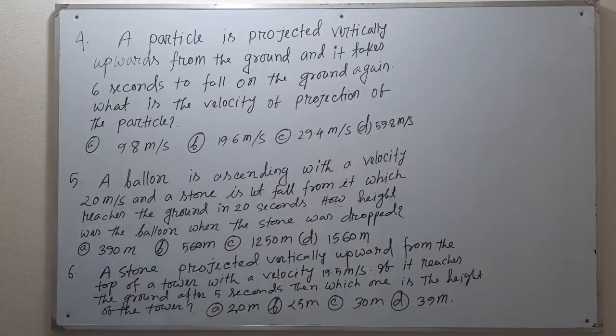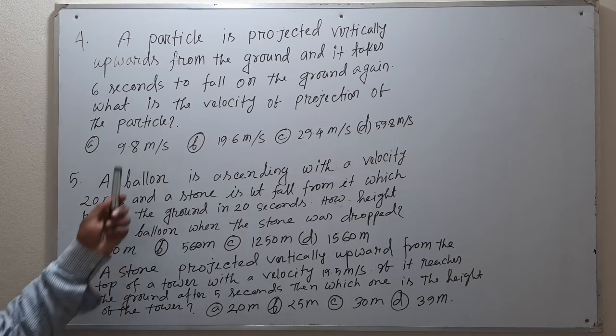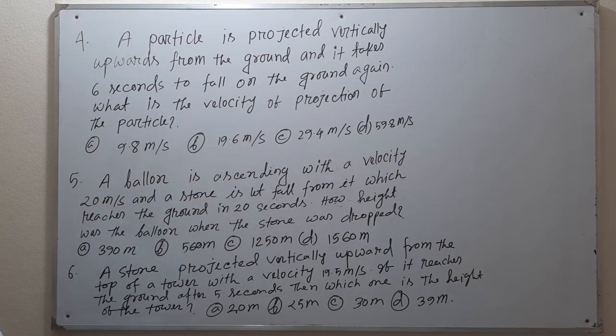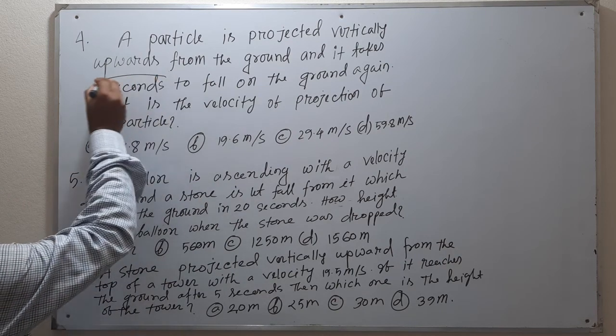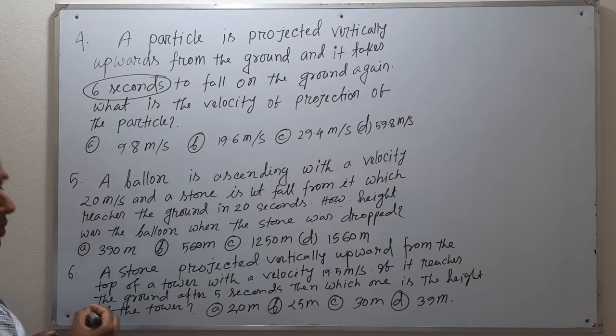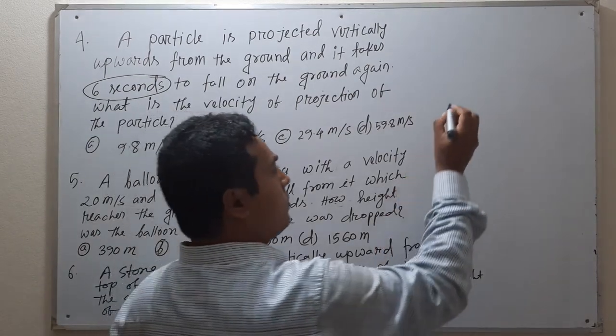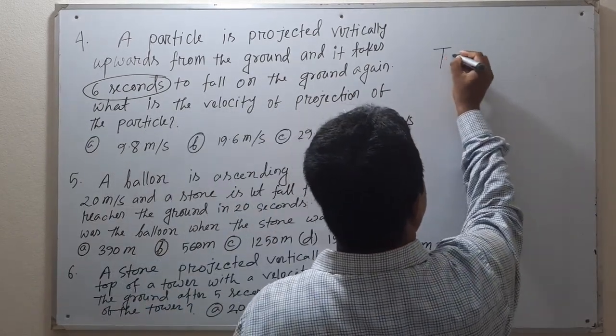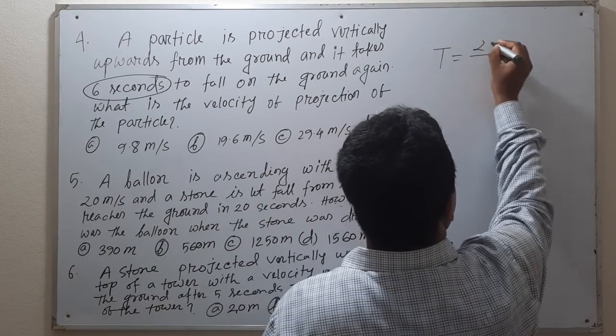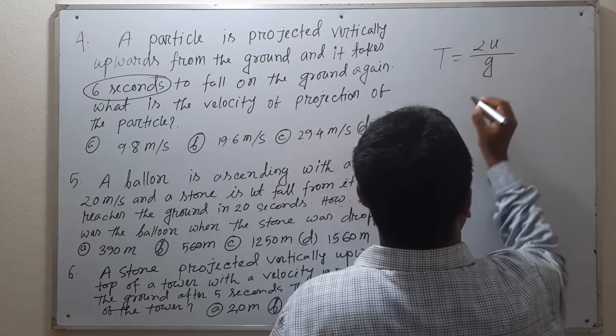Now question number 4. A particle is projected vertically upward from the ground and it takes 4 seconds to fall on the ground again. What is the velocity of projection of the particle? That means 4 seconds is the time of flight. Let velocity be u, then time of flight t is equal to 2u divided by g.